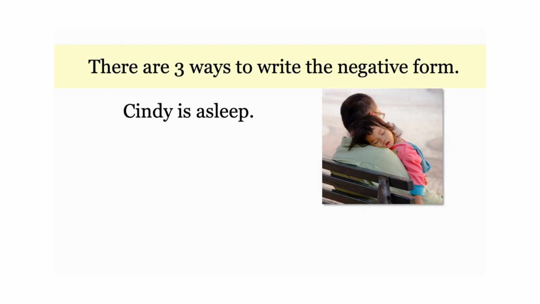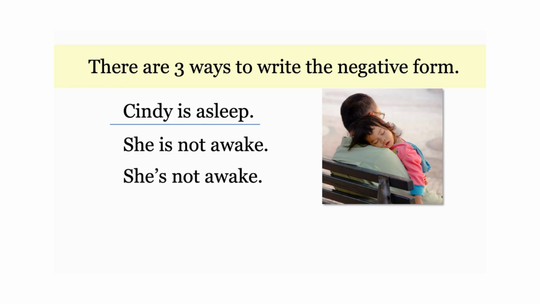There are 3 ways to write the negative form. Let's look. Cindy is asleep. She is not awake. She's not awake. She isn't awake. These 3 sentences all mean the same thing. In the first sentence, you can see not.